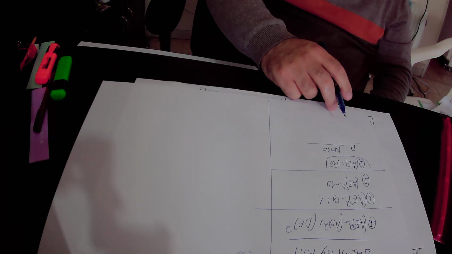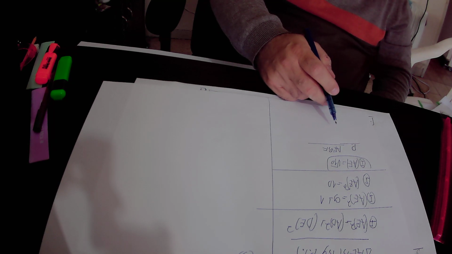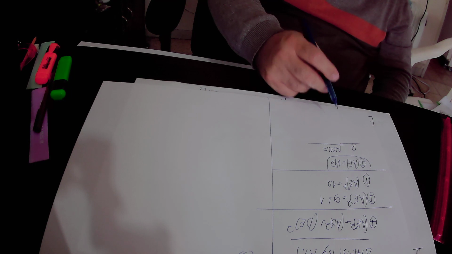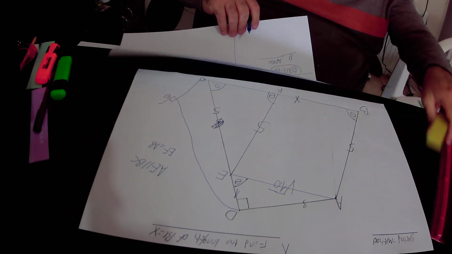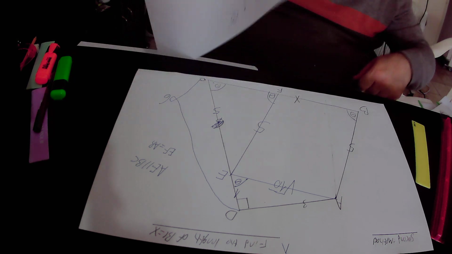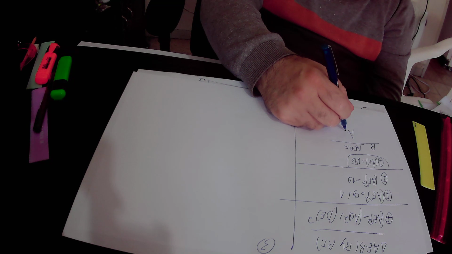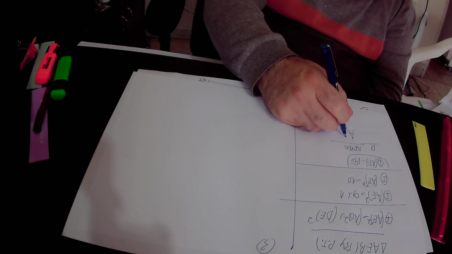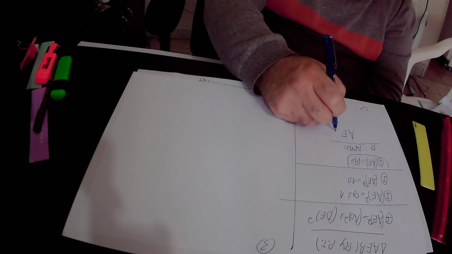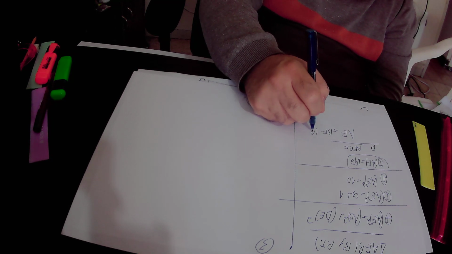Here appears information for parallelogram. So in parallelogram AEBF, we know that AE must be equal to BF, according to rule number 4, that the opposite sides of a parallelogram are equal to each other.